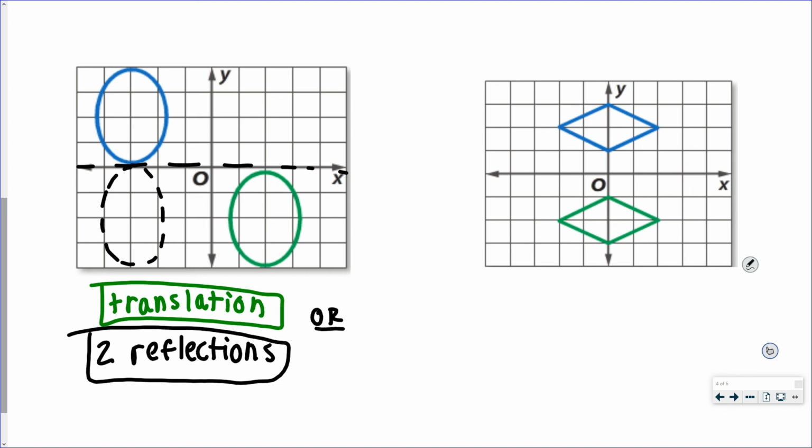And then if I were to reflect it again, folding on the y-axis as my crease, do you see how it could end up here? Or the other way, we could reflect over this one, end up here, and then flip it over that way. You could technically call that 2 reflections.